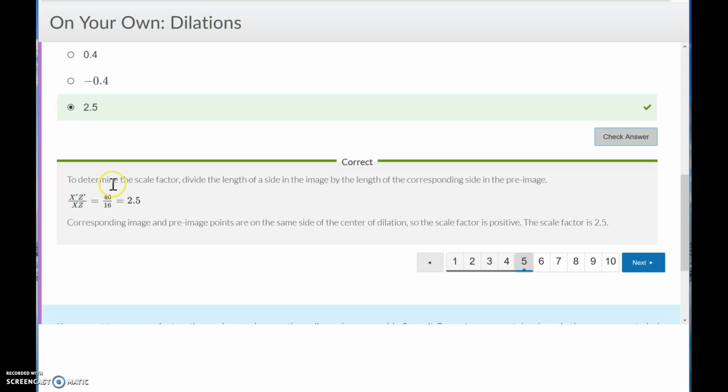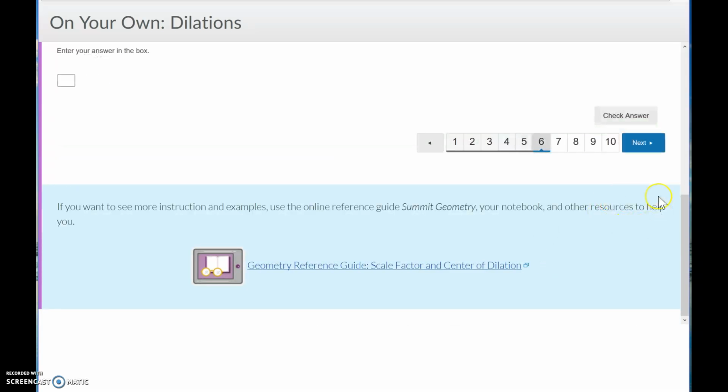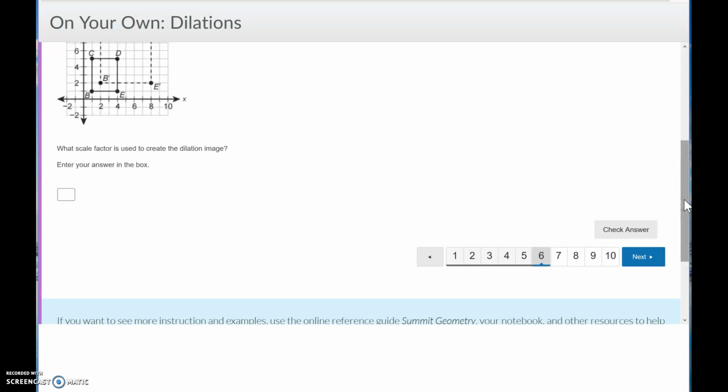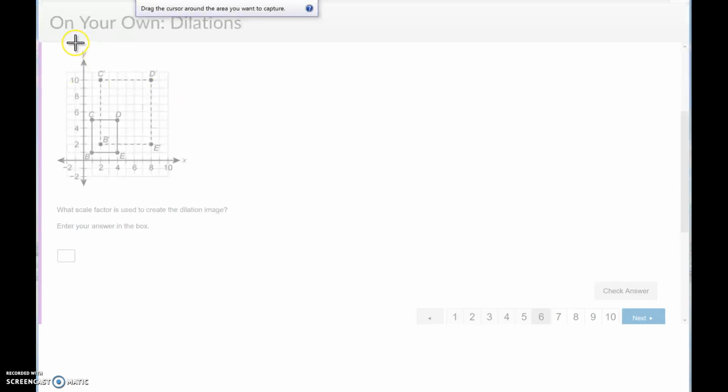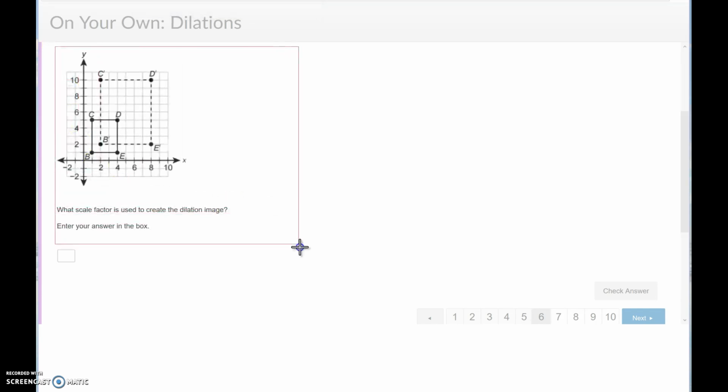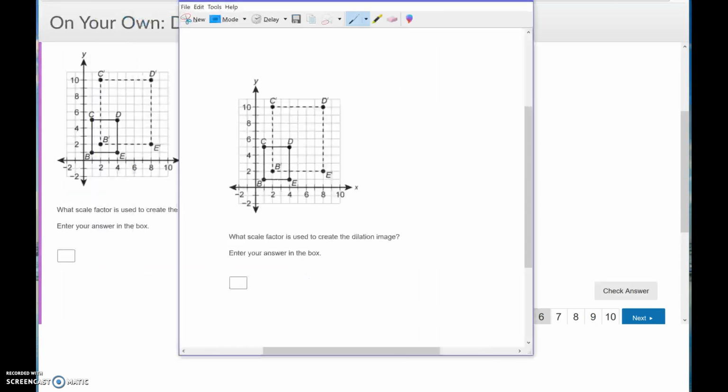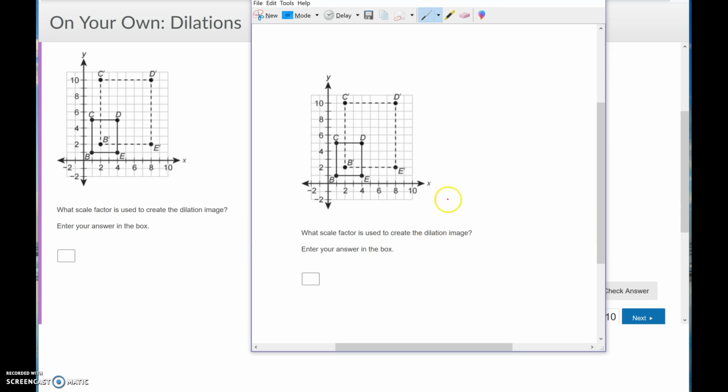You can also take the image divided by the pre-image to get your scale factor. All right. Now our image gets larger again and it doesn't flip. So let's take a little snip here and do our math. We know it's not a negative answer.